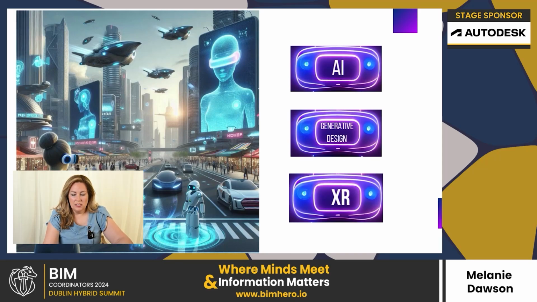Looking then at generative design, so simply put, generative design is a design exploration process. That's the best way to describe it. It uses algorithms and artificial intelligence to generate a wide range of design solutions based on specified constraints and parameters that we set in place.